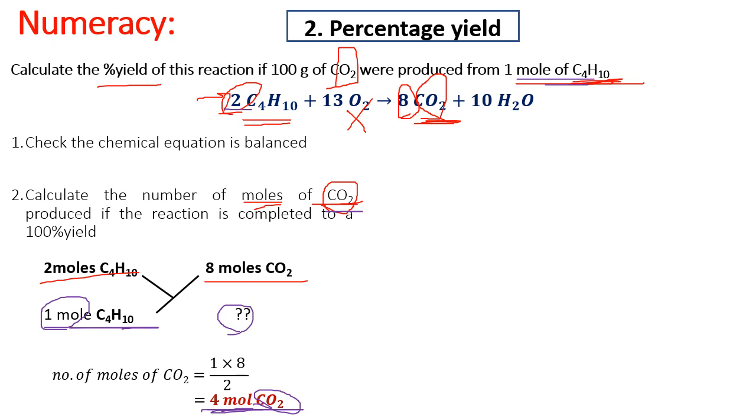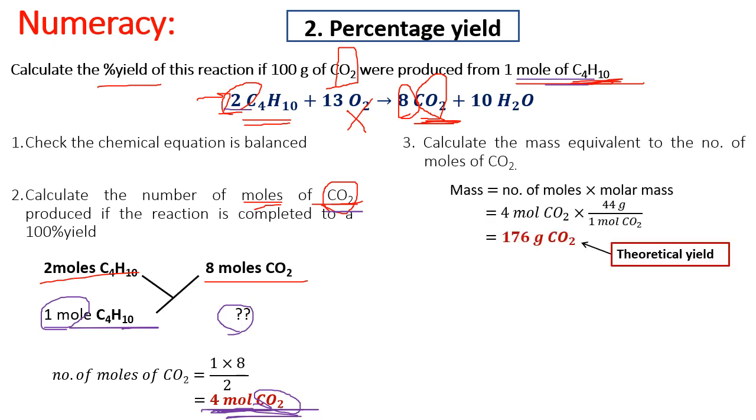Since we need it in terms of grams, we need to convert those number of moles into grams. How do we do this? We use the previous rule. The number of moles is equal to mass over molar mass. Then the mass would be equal to number of moles multiplied by the molar mass. Exactly similar to the previous rule. Here I have the number of moles equal to 4, and I will need to know the molar mass of the carbon dioxide.